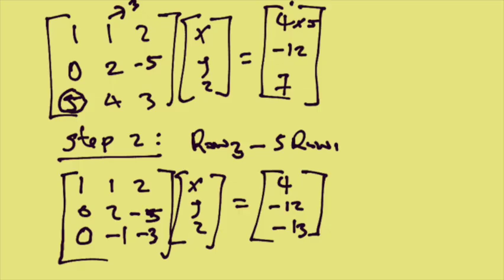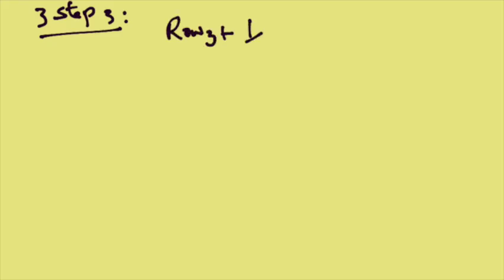Now we have gotten the pivot at 1, the pivot at 2, we need a pivot at 3. So to get that, we have to do another step. So step 3 here will be row 3 plus half of row 1 or row 2.